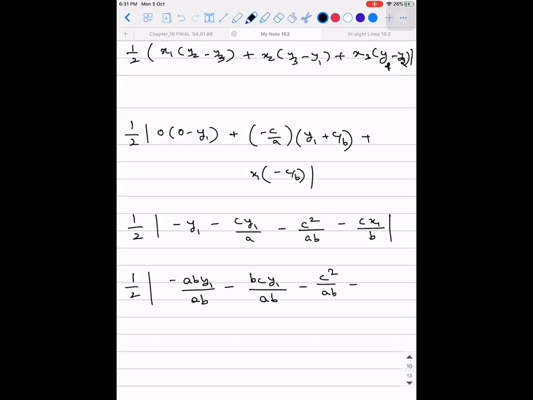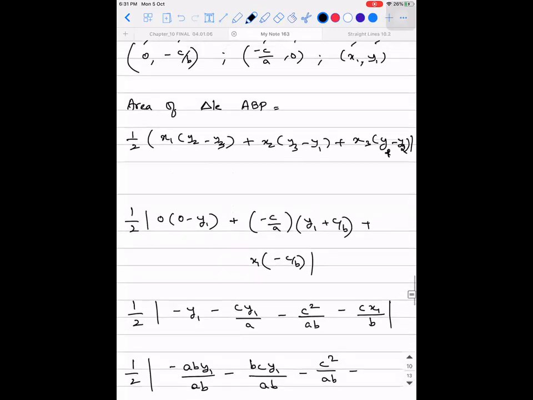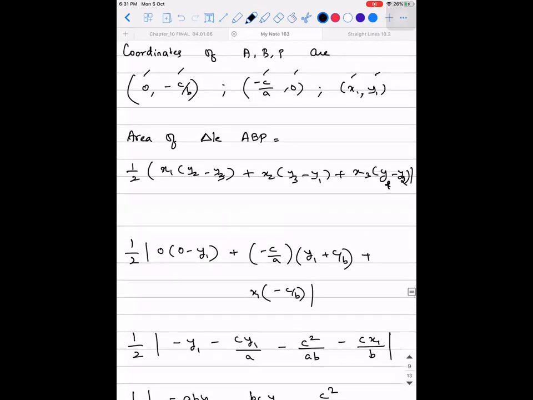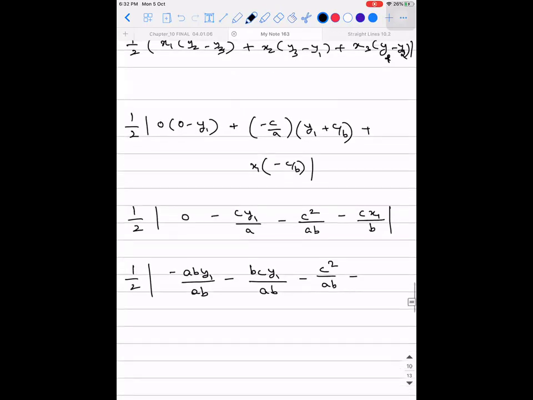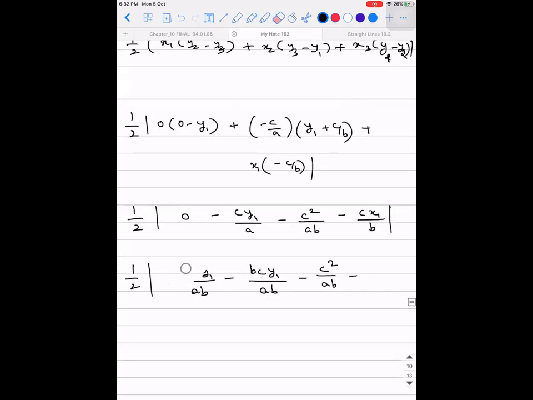Where? y3 minus y1, 0 into 0 minus y1. Oh, this is 0, right? Yeah, sorry. So this will be 0. So minus bcy1 divided by ab minus c square by ab minus cx1 by ab. Accepted? Now is it fine?